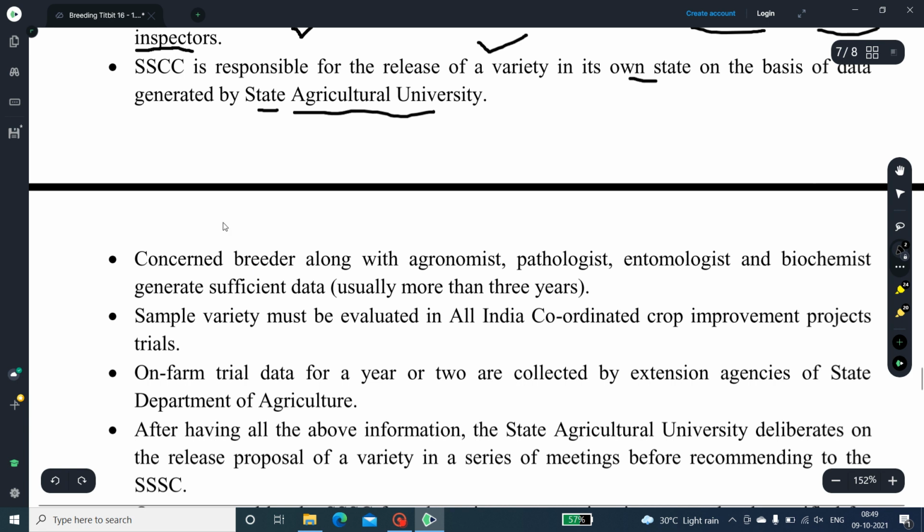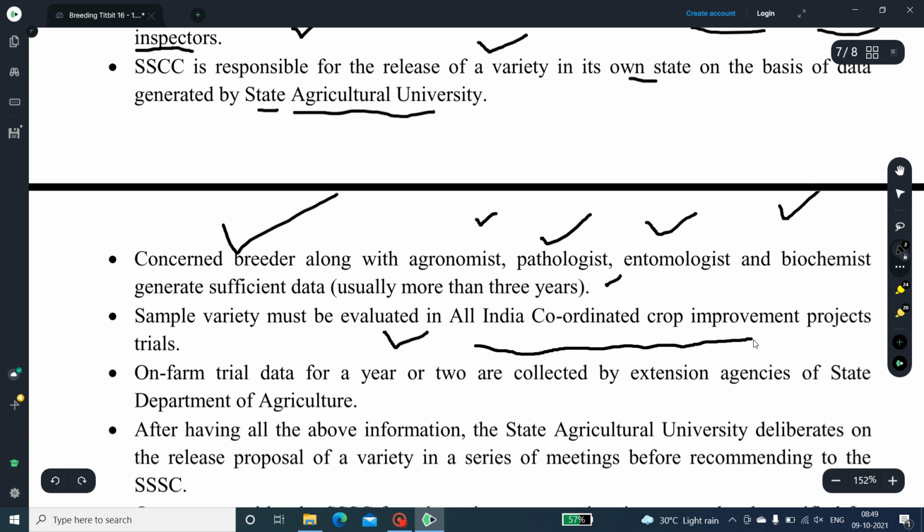The concerned breeder, along with the agronomist, pathologist, entomologist, and biochemist, generates sufficient data, usually for more than 3 years, by conducting trials. Sample varieties must be evaluated in All India Coordinated Crop Improvement Project trials.